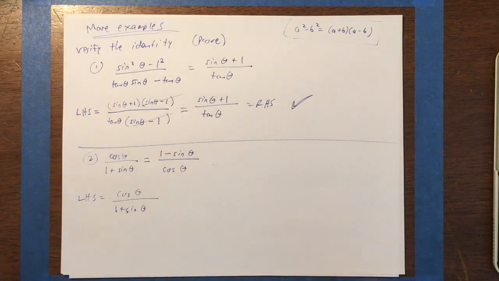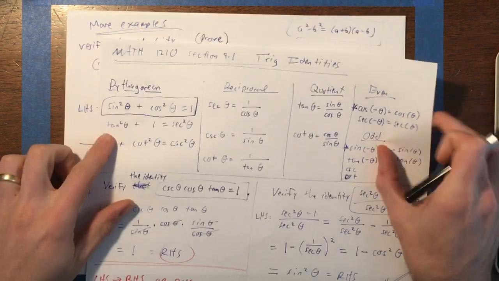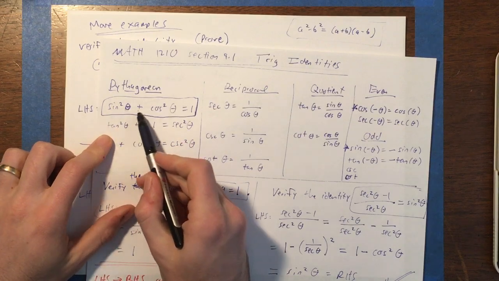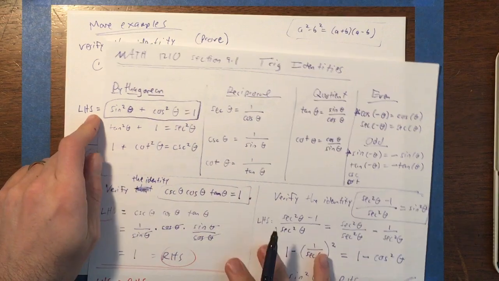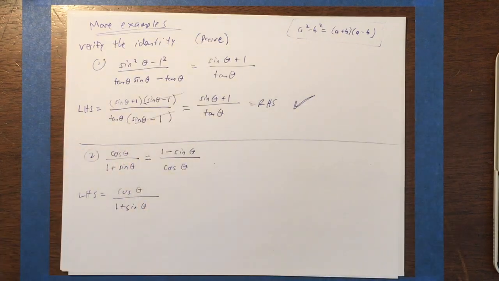I'm going to show you a strategy that works on some other problems as well. Remember that the Pythagorean identity involves sine squared and cosine squared. So if we can get something involving sine squared and cosine squared, that might be more useful.